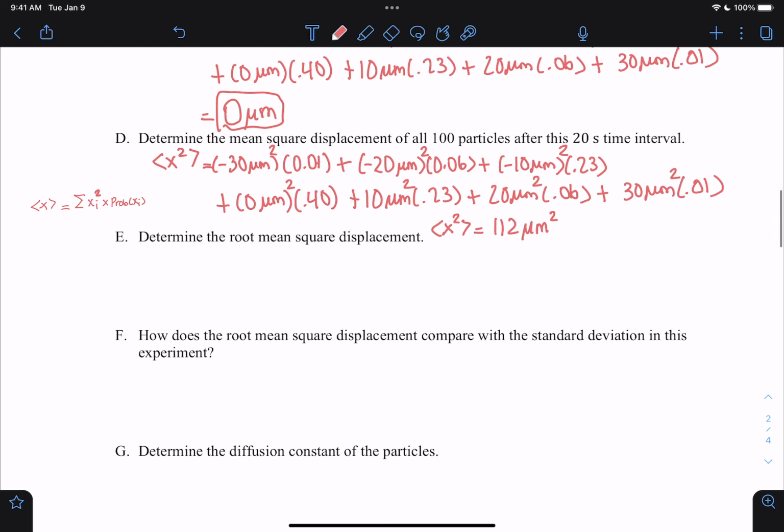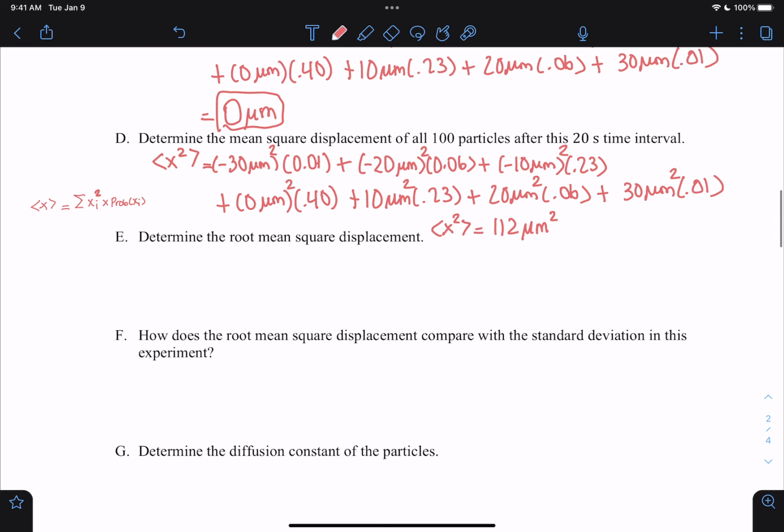So essentially we just take the square root of this value. The square root of 112 micrometers squared should give us around 10.6 micrometers. Excellent. That's the root mean squared displacement.